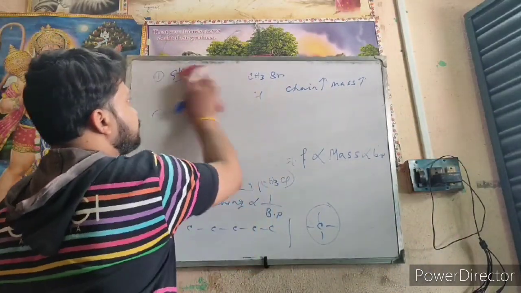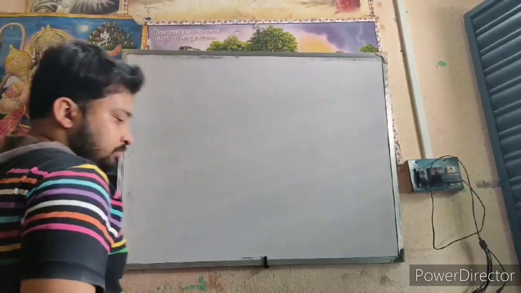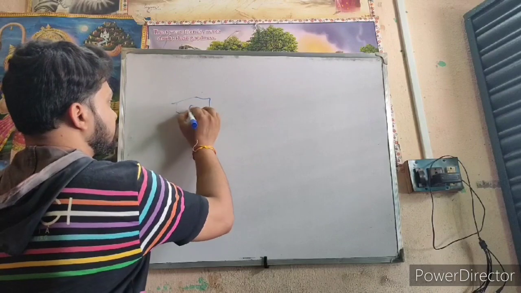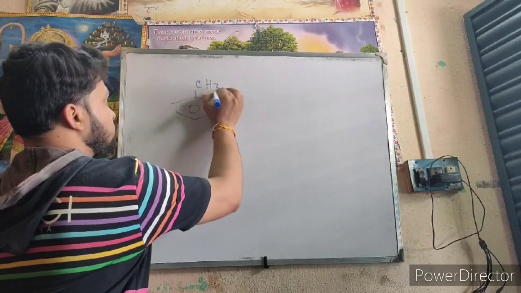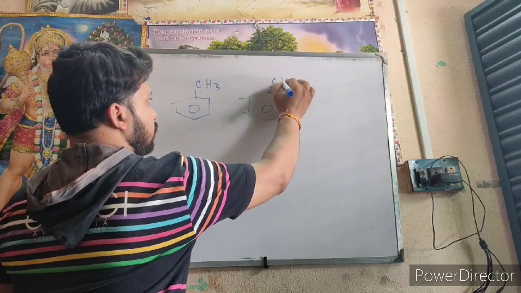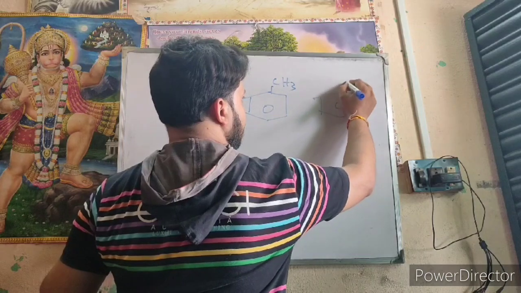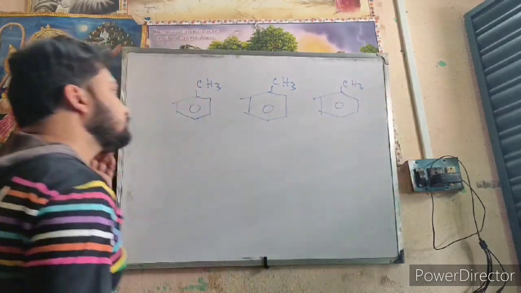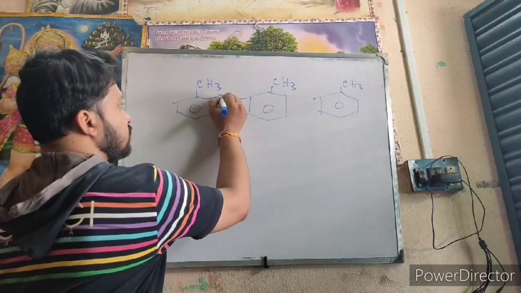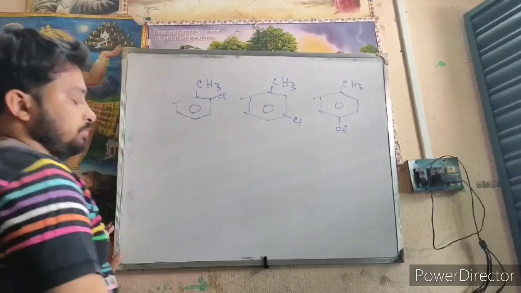There is another problem. If you have this compound, toluene, we put the chlorine in various positions: one is ortho, another is para.